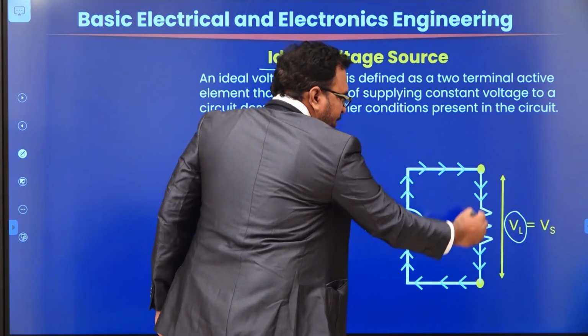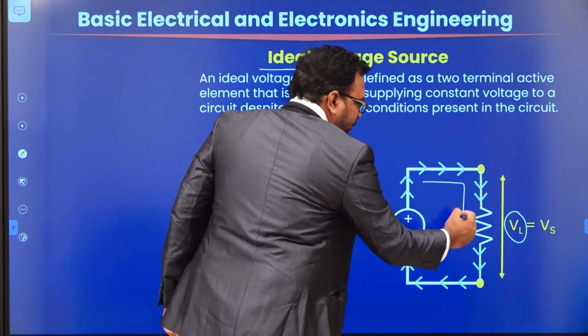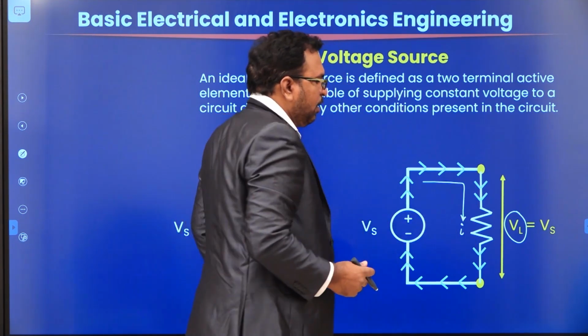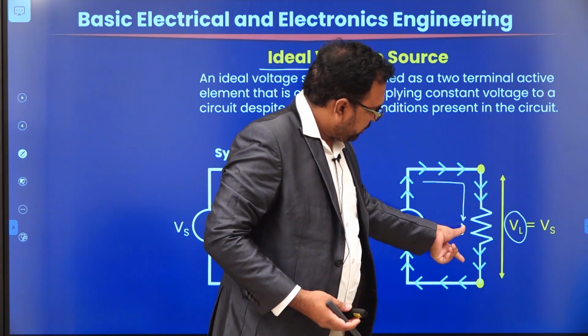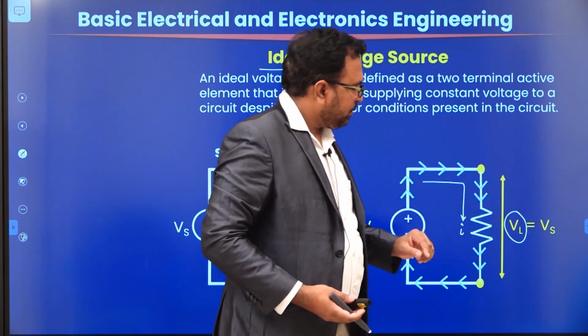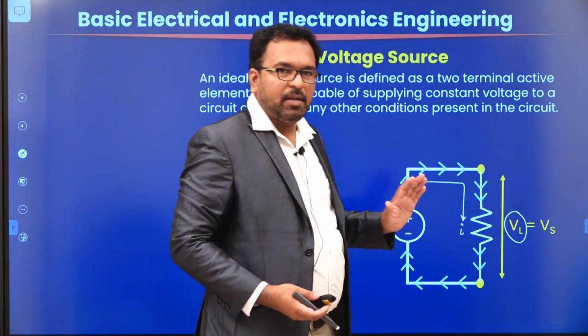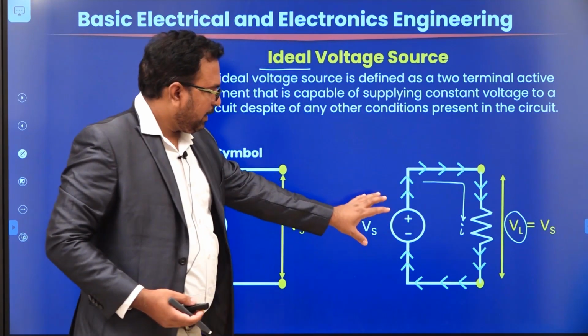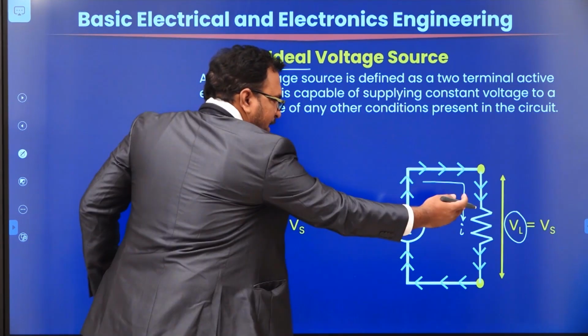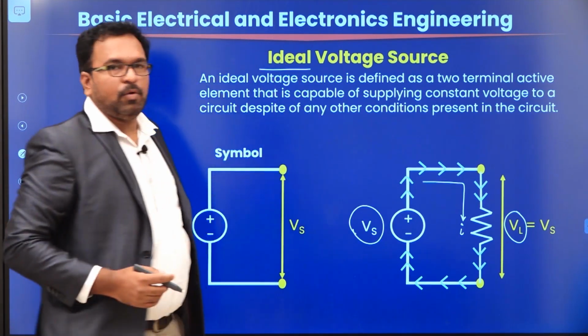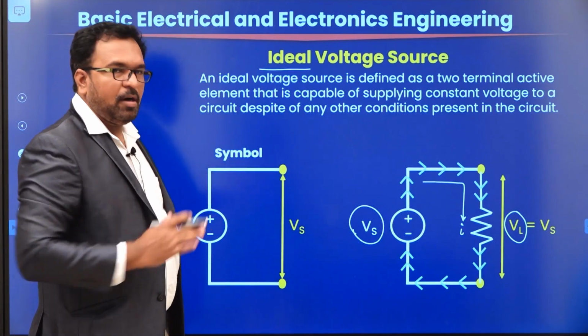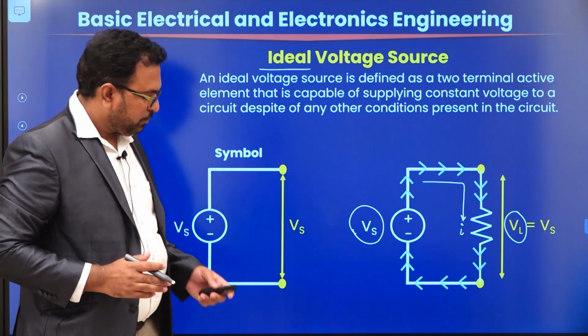Some current is flowing through the resistor in this direction, so this is the current I. The terminal voltage, meaning the voltage across the resistor, must always be equal to Vs, whatever the current flowing through the resistor. So when VL is equal to Vs, that type of source is called an ideal voltage source. It has to always provide constant voltage.